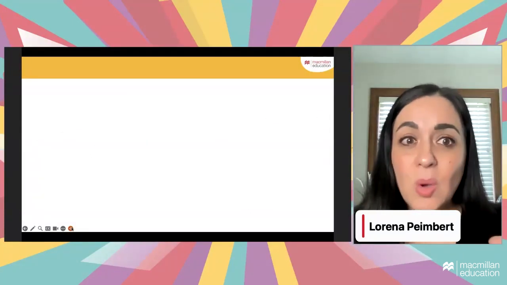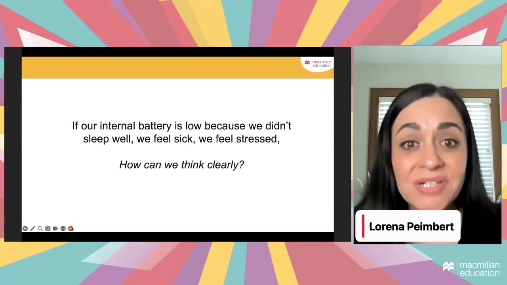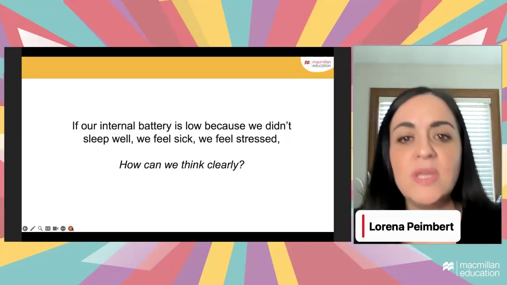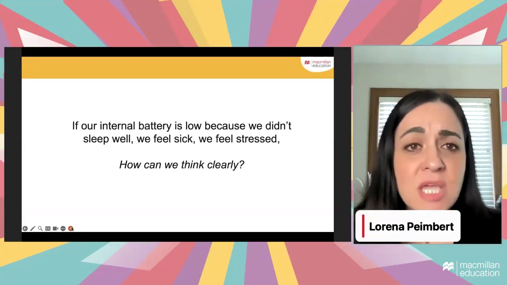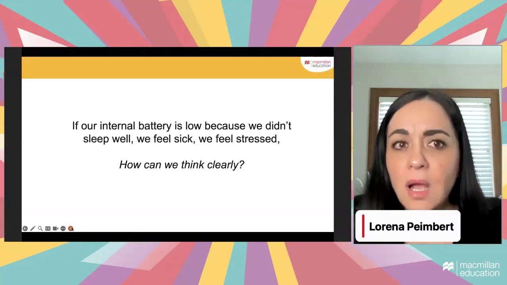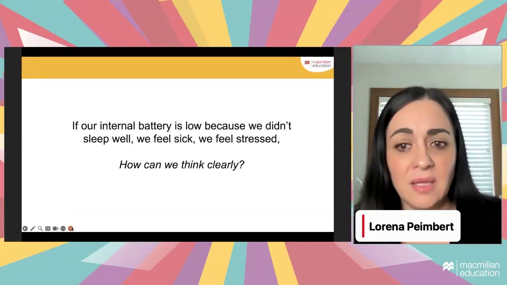And so if our internal battery is low, because we didn't sleep well, because we feel sick, because we feel stressed, because we're overwhelmed with everything that is going on, how can we think clearly?